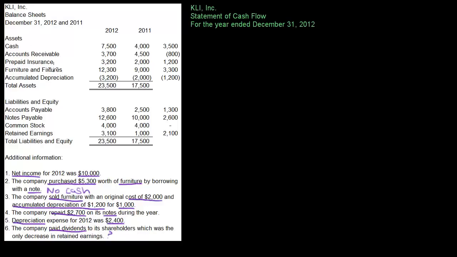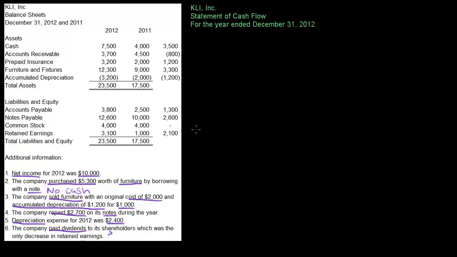All right, now that we've got that, I've also typed in my heading so I can start my statement. Remember, whenever you do a statement, you always have to put the heading on top: the name of the company, the name of the statement, and the date for which we're doing this. When you're doing cash flow, you've got 3 sections.